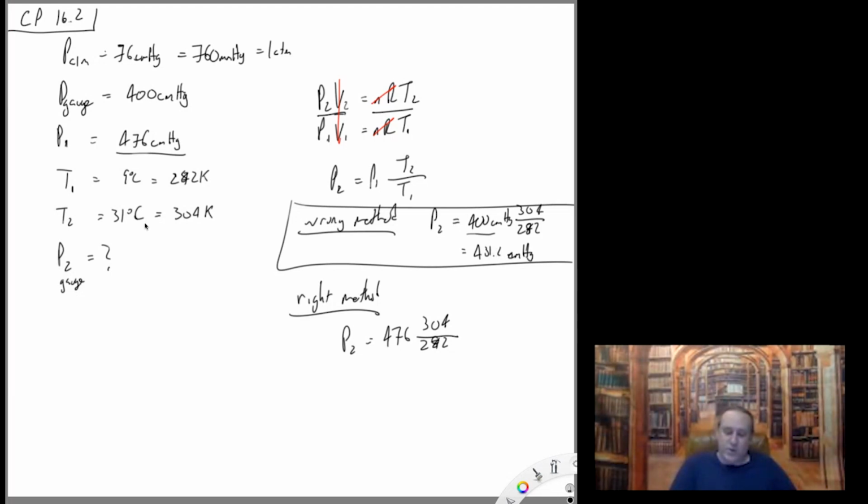Okay, so P2 is 513.1, and these are centimeters of mercury, and the P2 gauge is going to be that value minus the atmospheric value, which is 437.1.